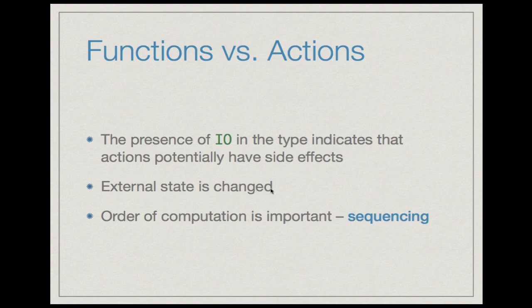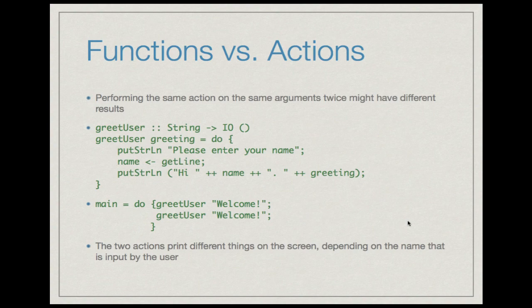External state is usually changed, and the order of computation is important, as in actions inside a do command. The actions take place in a sequence. So, sequencing is something that is inherent to actions. Moreover, performing the same action on the same arguments twice might have different results.